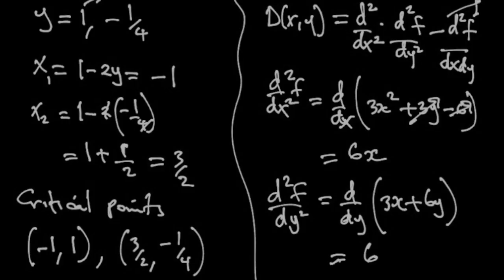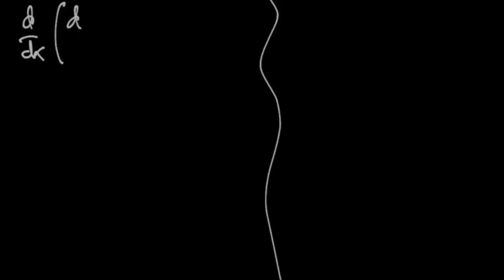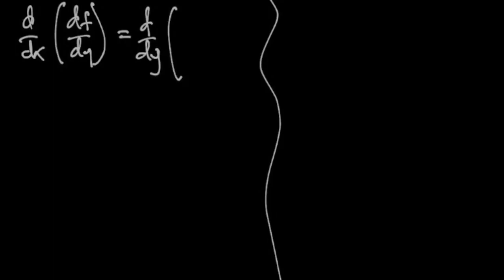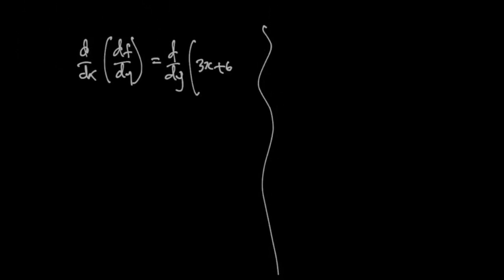So let's look into the mixed derivative, d squared f over dx dy. That is d over dx of df dy. So we can say it is dx of the partial derivative of the function with respect to y, which is 3x plus 6y minus 3.